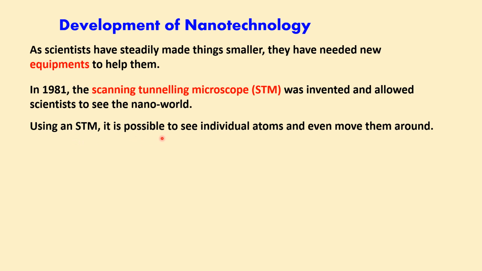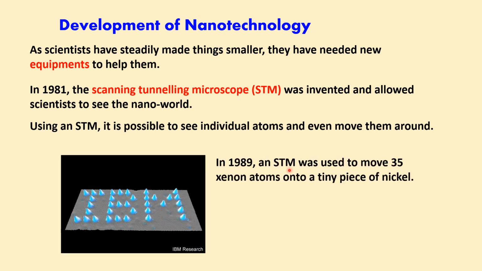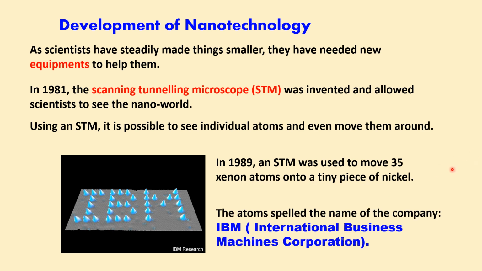Using an STM, one can see individual atoms. And in 1989, an STM was used to move 35 xenon atoms on a tiny piece of nickel, and this was done by scientists of IBM, International Business Machines Corporation.